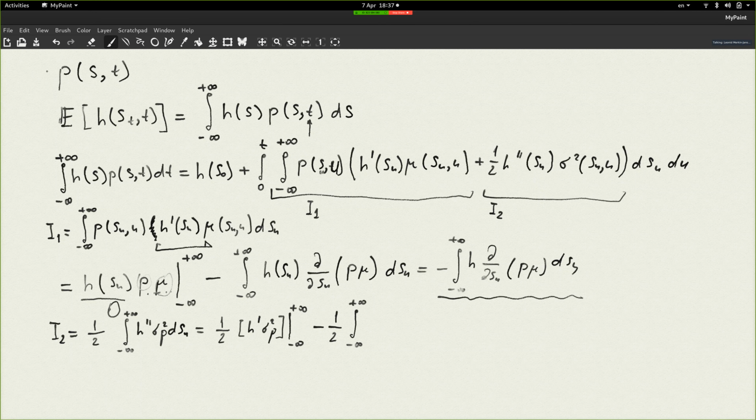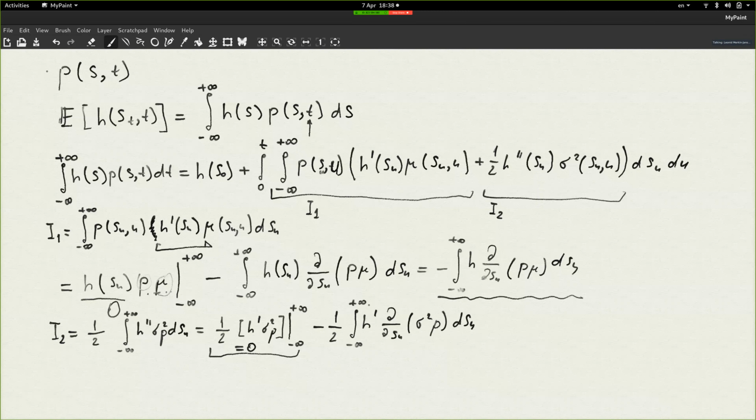We say h prime dsu of sigma squared p dsu. This term outside of the integral is again equal to 0 for the same reason, because h prime is definitely 0 at infinity. You remember our construction of function h. It is equal to 0 along with all its derivatives at infinity, and sigma squared p is supposed to be bounded.